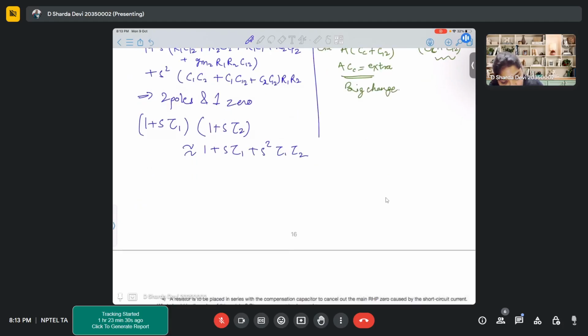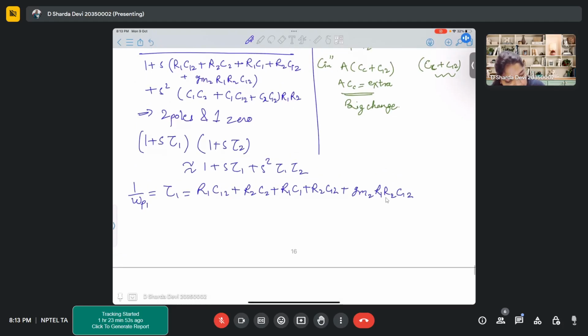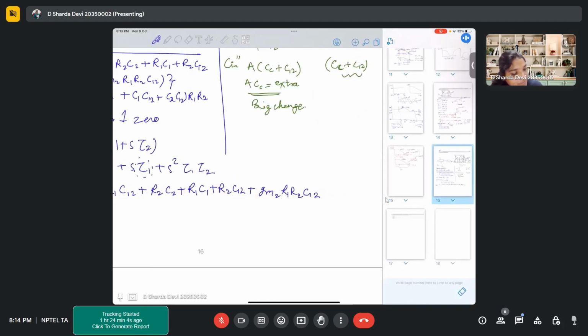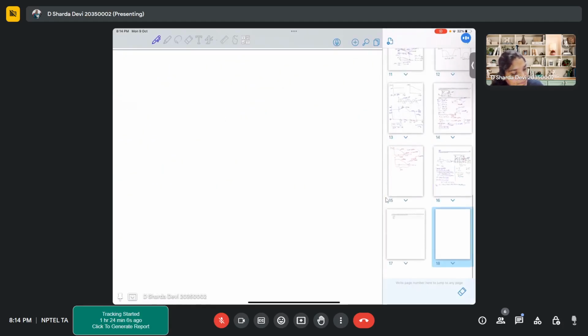So 1 by omega p1, that is tau 1, is R1 C12 plus R2 C2 plus R1 C1 plus R2 C12 plus GM2 R1 R2 C12. Here tau 1 has been equated with the factor that we are getting for S.